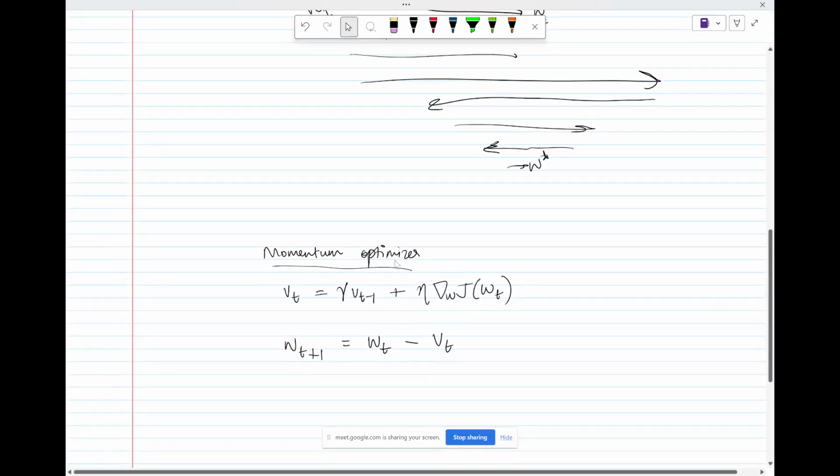In the momentum based optimizer, you have this gamma term, and this gamma times Vt minus 1 is your sort of momentum, or Vt minus 1 is your momentum. And gamma is sort of how much of the momentum you wanted to take into account into the direction that you're going to decide.